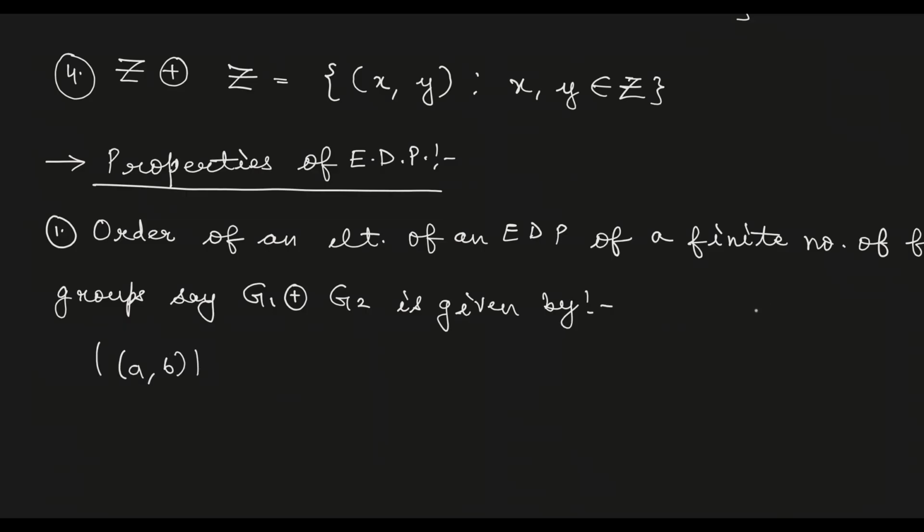Means I am taking one element from G1 and other element from G2. Then this ordered pair (a, b), its order will be calculated by LCM of order of a, order of b.